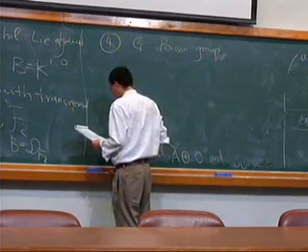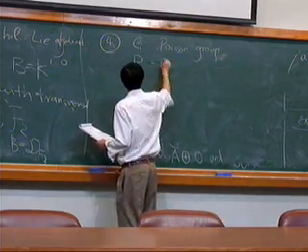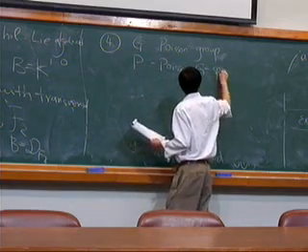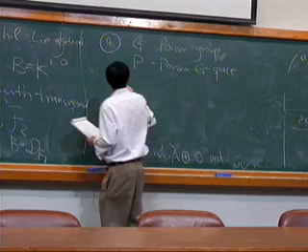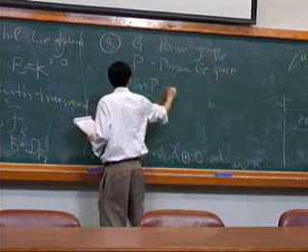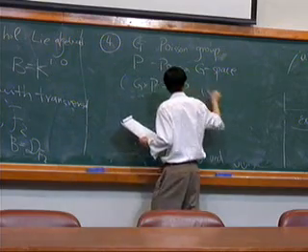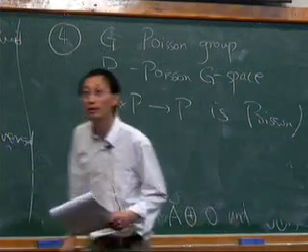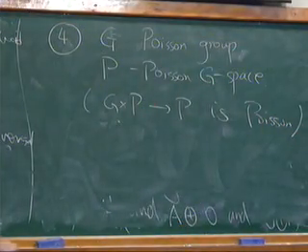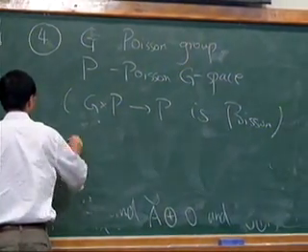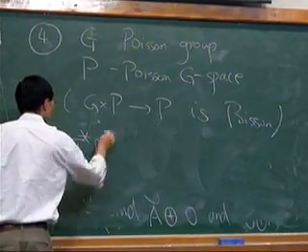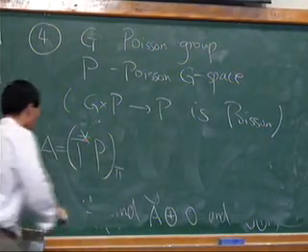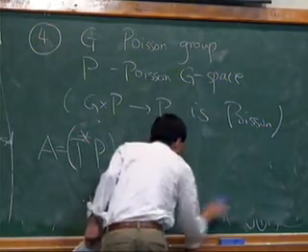And if P is a Poisson G-space, namely a Poisson manifold, the action map is a Poisson map. Then you can take A to be the cotangent bundle of P with the standard Lie algebroid coming from the Poisson structure.